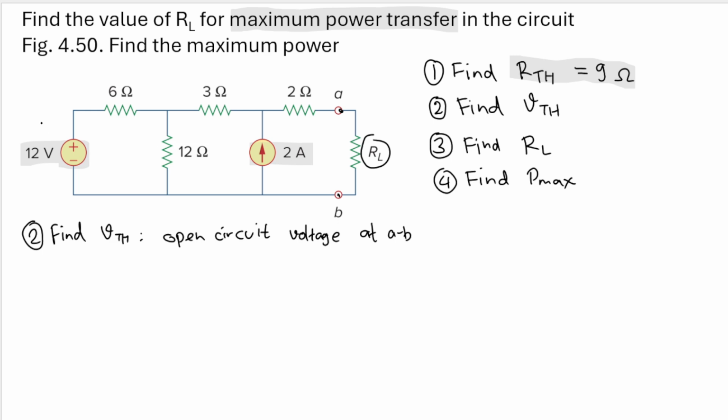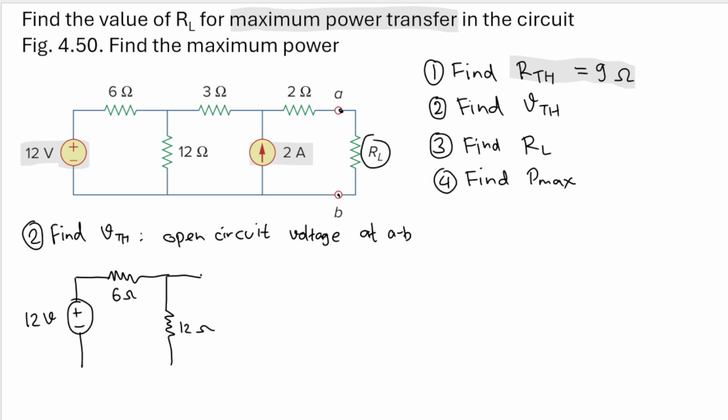Let's do exactly that. Let's redraw the circuit. We still have this 12 volt voltage source, and this 6 ohm resistor, and this 12 ohm resistor.